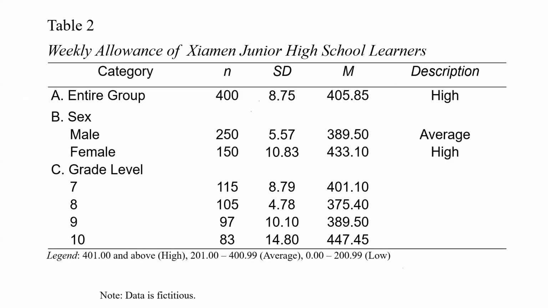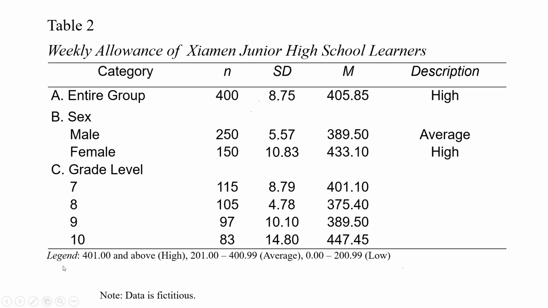For example, after the survey, these are the results. They found out that the entire group has a mean of 400. SD stands for standard deviation. Let's say, assume we used SPSS and we know everything. The standard deviation is 8.75. The mean allowance of the entire group is 405.85.